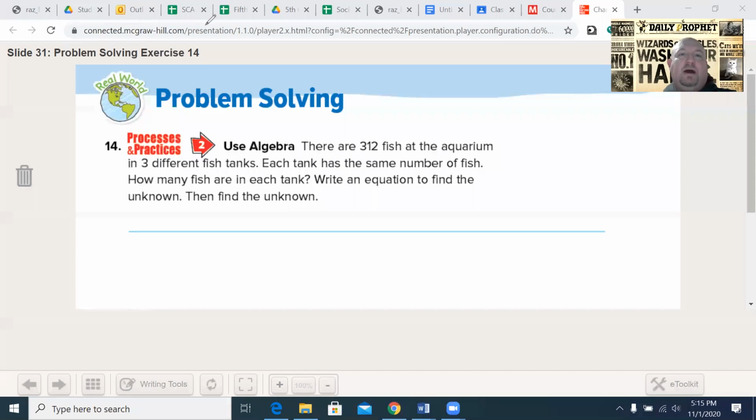Welcome back. I'm going to grab my annotation tool. So the first thing I would do: 312 divided by 3 equals F for fish. You know what? I'm going to be cultural on this one. I don't really like using F's anyway.